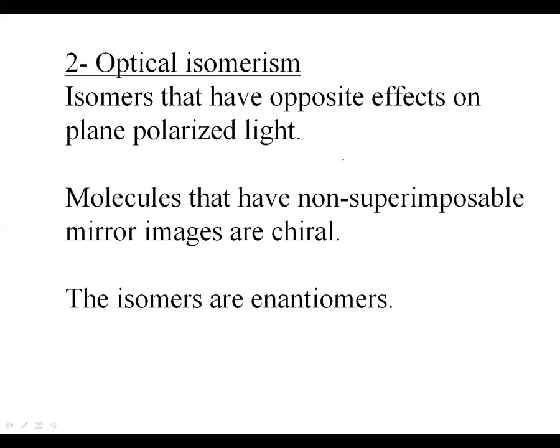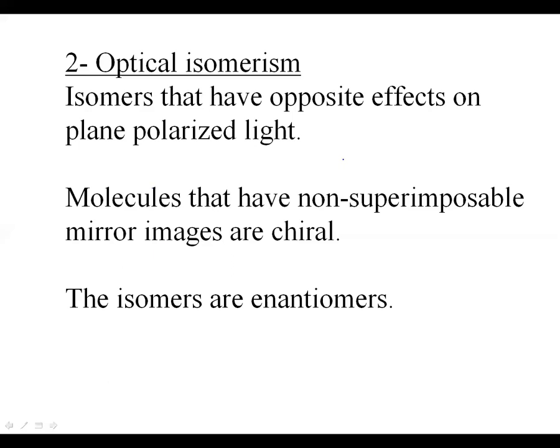Optical isomers are isomers that have an effect on plane polarized light. And also when we talk about isomers in organic chemistry, you sometimes come across the ideas of chiral or achiral. A chiral molecule typically means that you have 4 different groups attached to it.